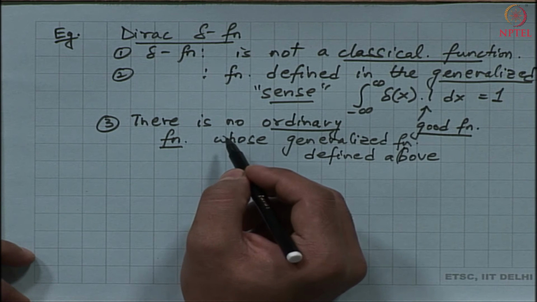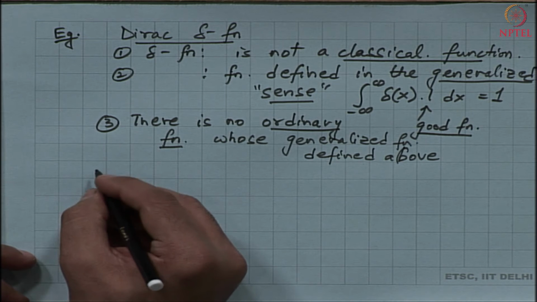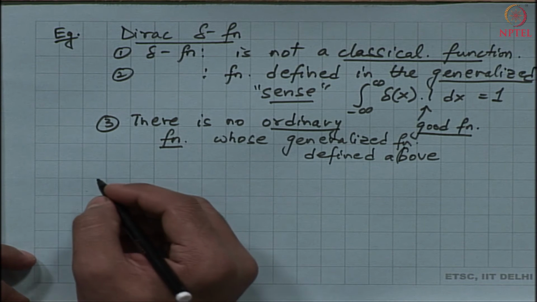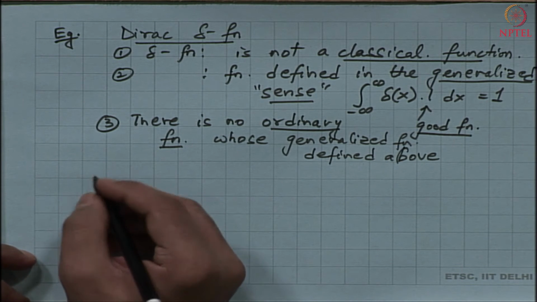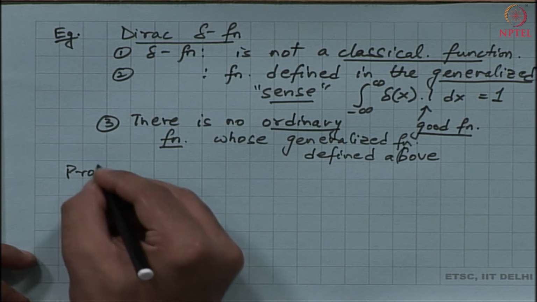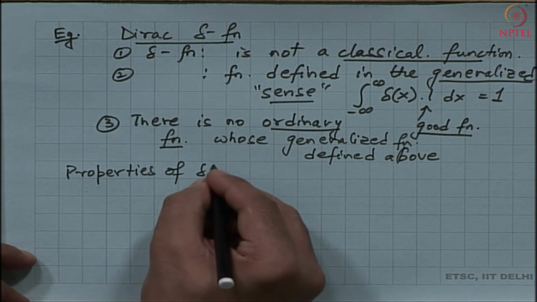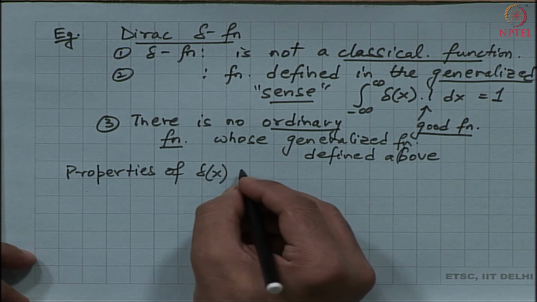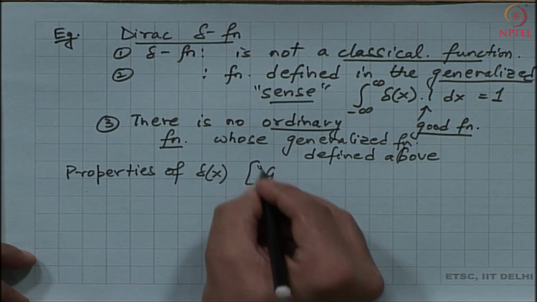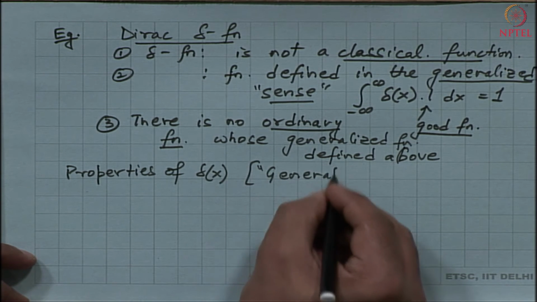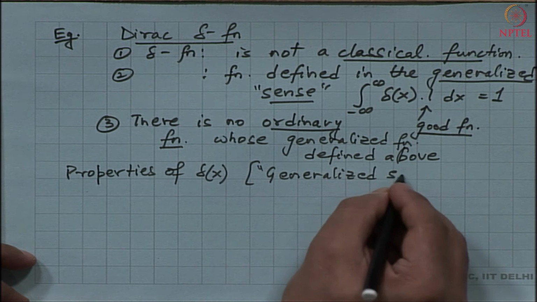Okay. Now, we are quite familiar with some of the properties of the delta function. So, again let me just highlight some properties of the delta function. Again, these properties are defined in the generalized sense.